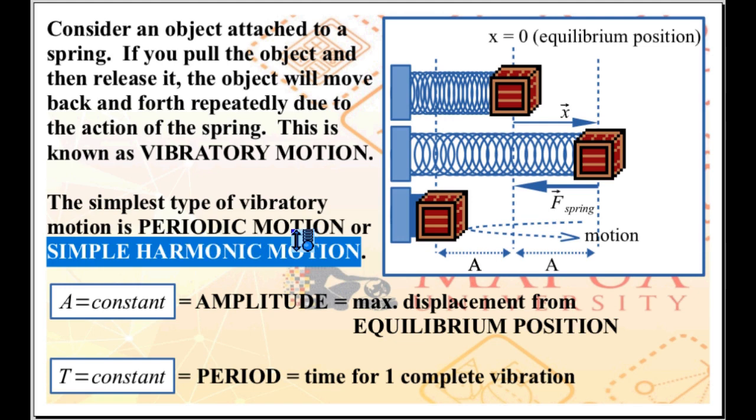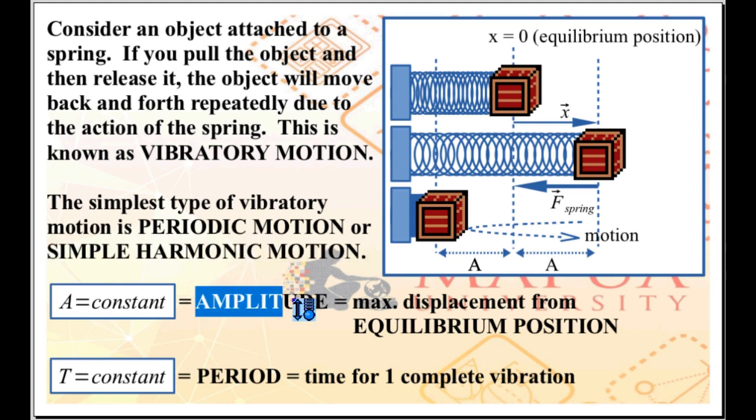Periodic motion or simple harmonic motion is characterized by constant amplitude. A is constant. Amplitude refers to the maximum displacement from equilibrium position. So again, equilibrium position is the x is equal to 0 position.